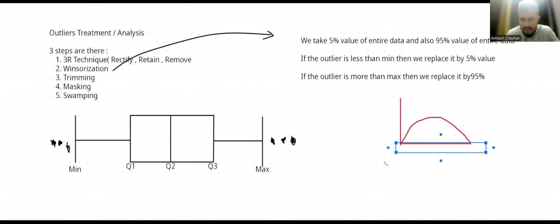So these values are there. Let me correct the graph once.